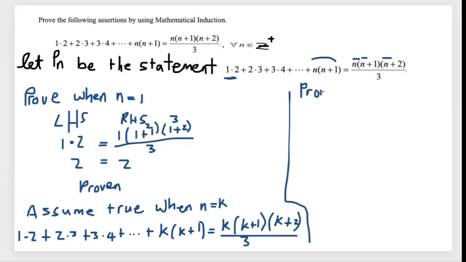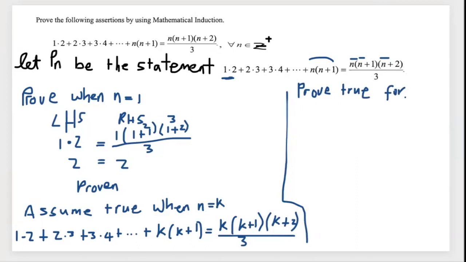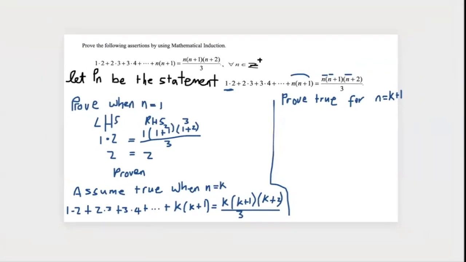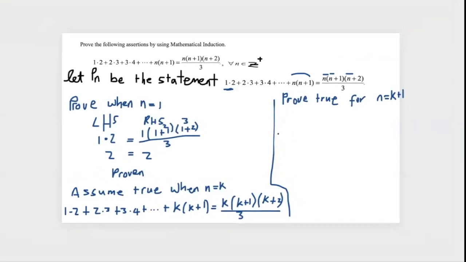So prove true for n equal k plus 1. Now we have to show that the left is the same as the right. So let me adjust my screen. So for the left-hand side, I'm going to replace k plus 1.